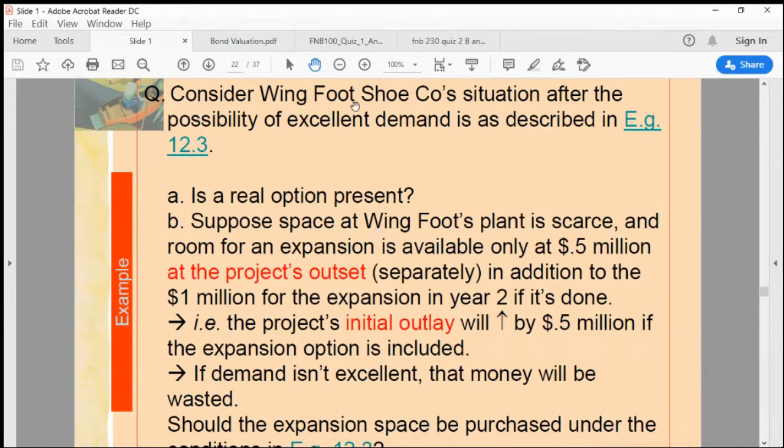This Wingfoot Shoe Company, that we discussed in example 12.2, has a potentially excellent demand, as described in the example here.